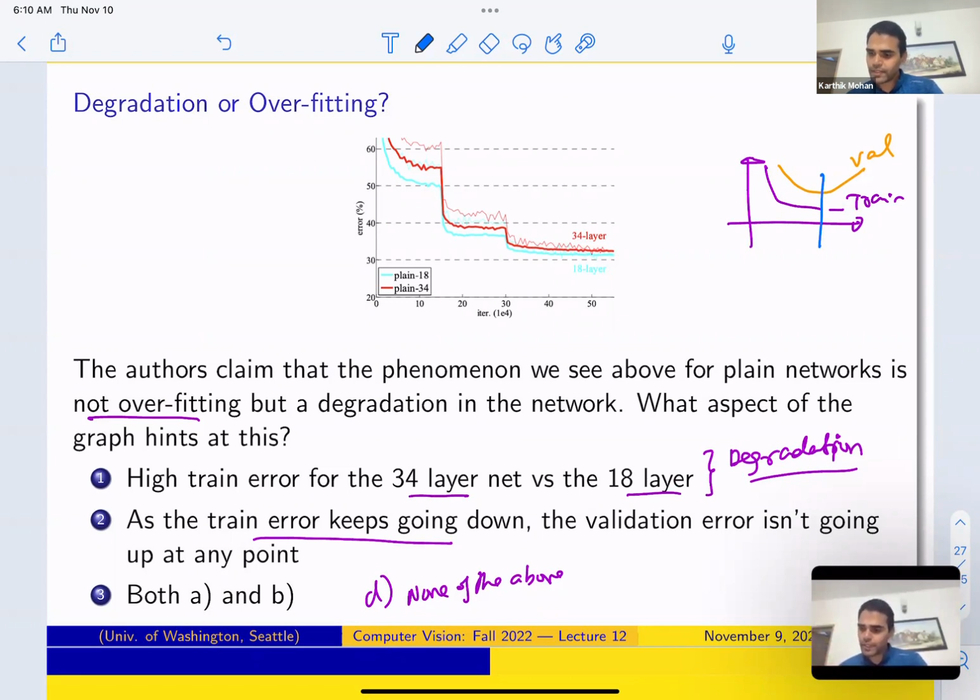So overfitting is not happening. When you combine 1 and 2, you can say that there is degradation, but it's not due to overfitting. So both aspects explain this phenomenon in this graph.